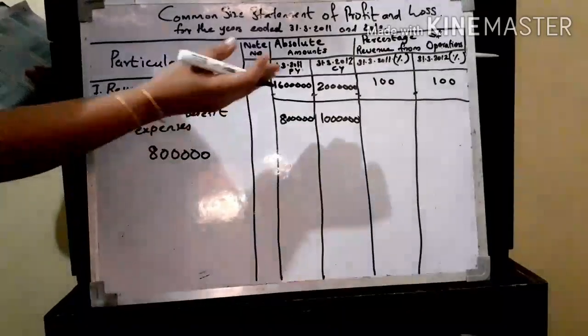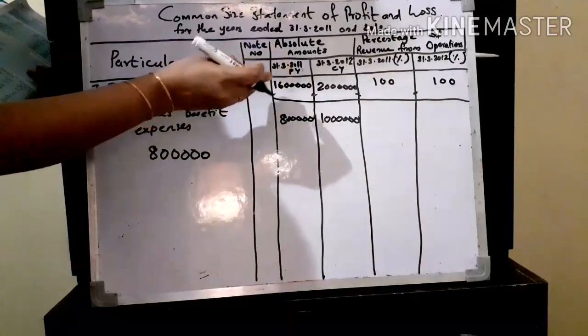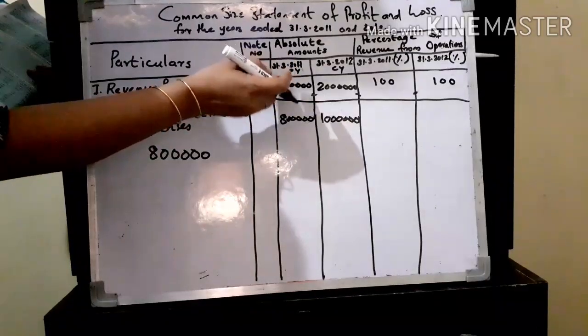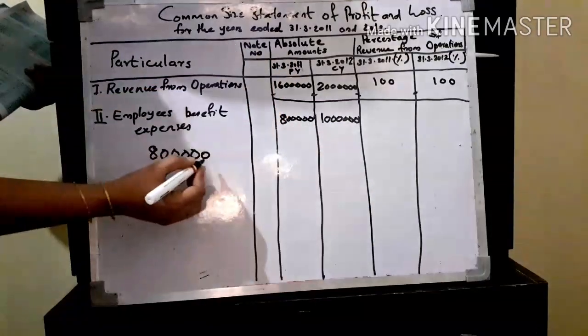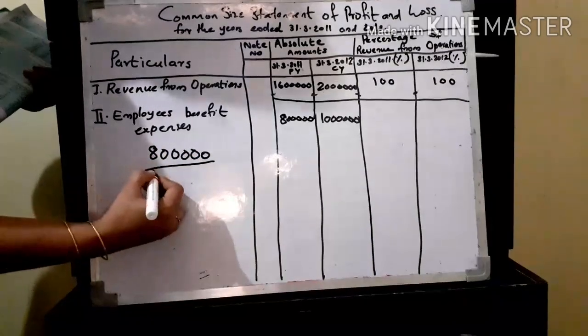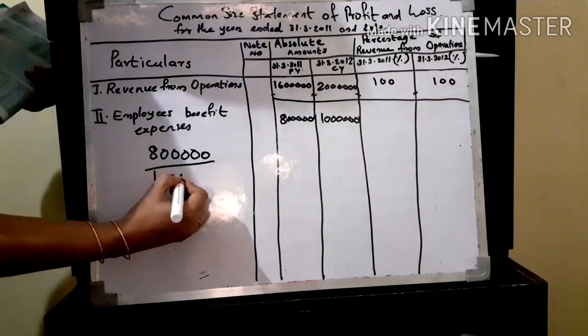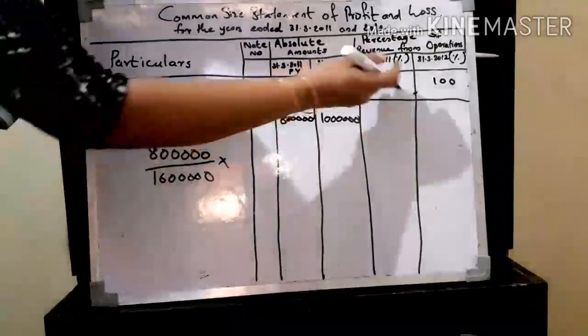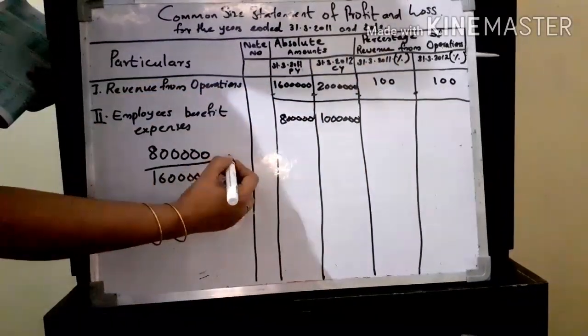Our base is revenue from operations. Revenue from operations of the previous year is 16 lakhs, so divided by 16 lakhs. We assume the base revenue from operations is 100.